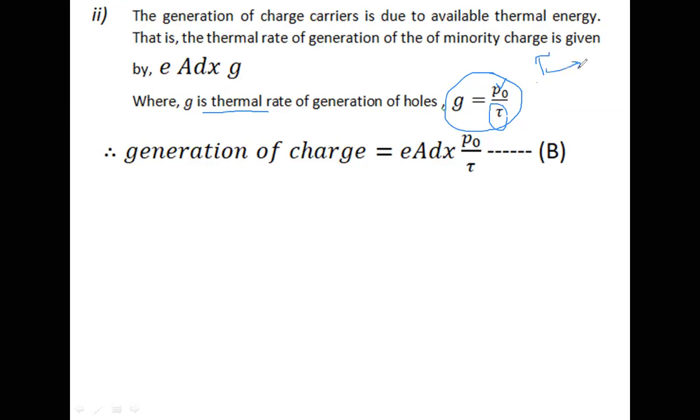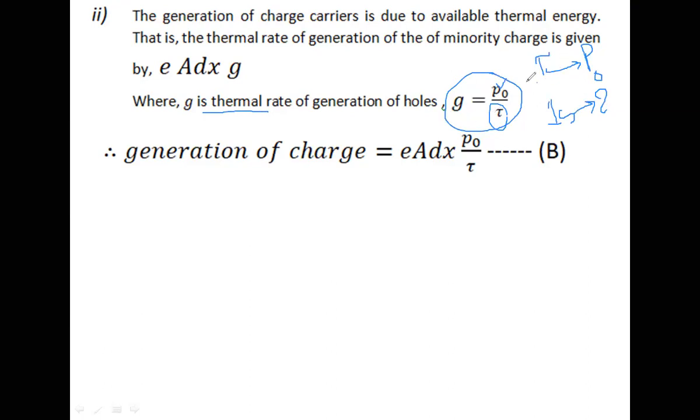Within the time tau, let us consider, because of thermal excitation, there are P0 number of holes created. Now, I want to know how many number of holes are created in 1 second. That means this is 1 second. How many number of holes are created? That is nothing but 1 into P0 by tau. That is nothing but the thermal rate of generation.